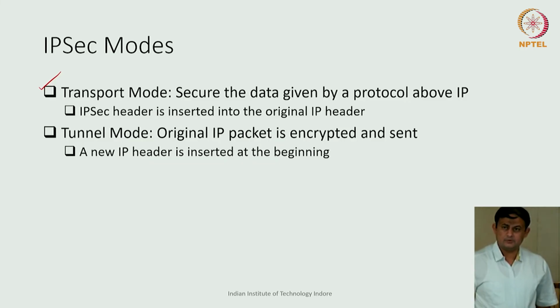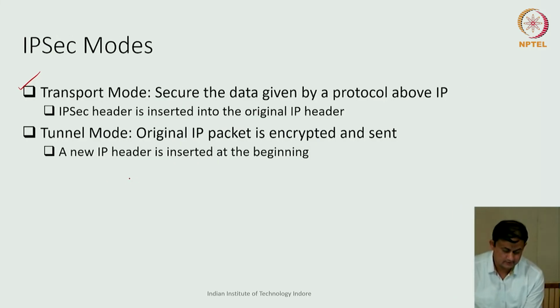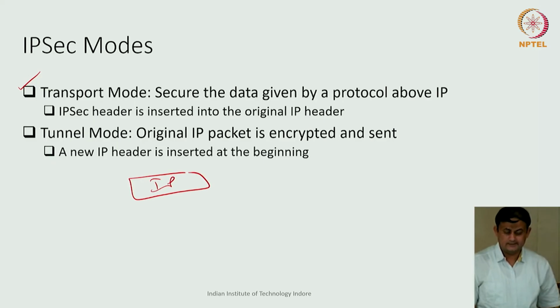In the transport mode, IPSec takes the IP packet or the IP datagram and, without modifying the original IP header, inserts a new header. So this is my original IP packet and it has a header. This is the IP header.